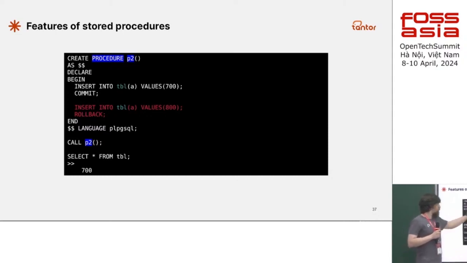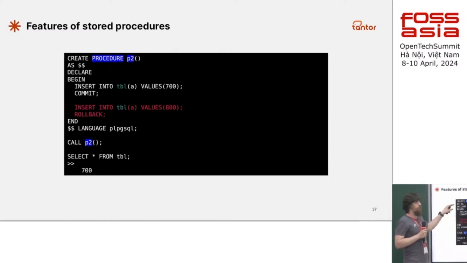At first it inserts 100, then a commit command, and then 800 and a rollback command. After the first commit, our one transaction is completed and the second transaction is automatically started, which was rolled back. So we have in the table only 700.